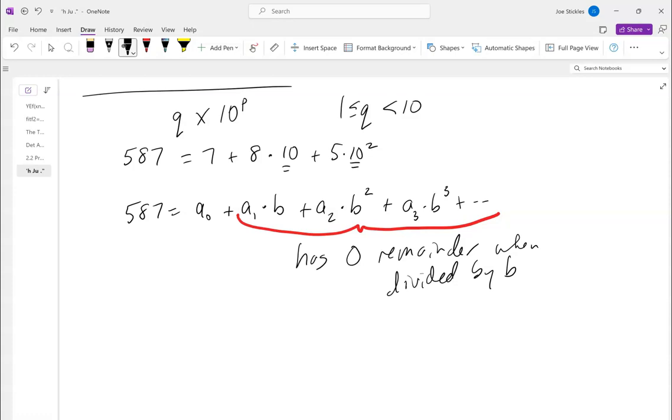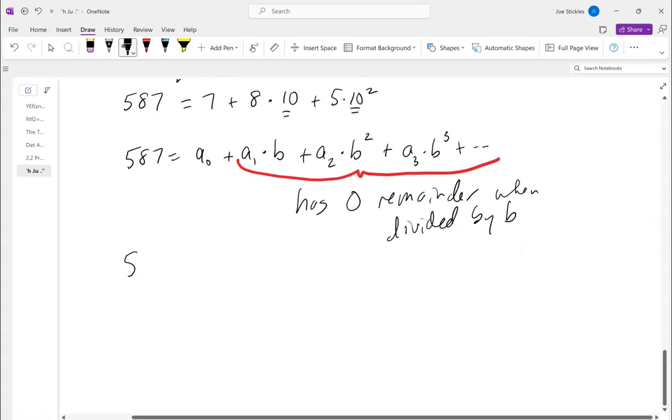Now, how do we find the A1? Well, if I subtract the remainder from both sides, I now have a multiple of B on both sides that I can divide out, right? I'm not going to go through this in symbols all the way through.